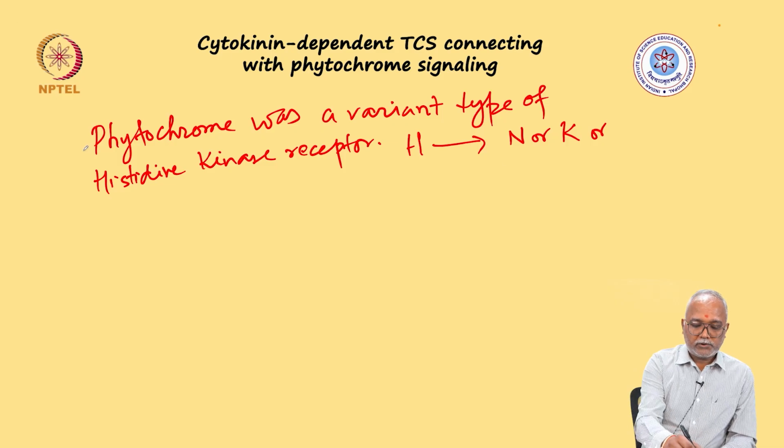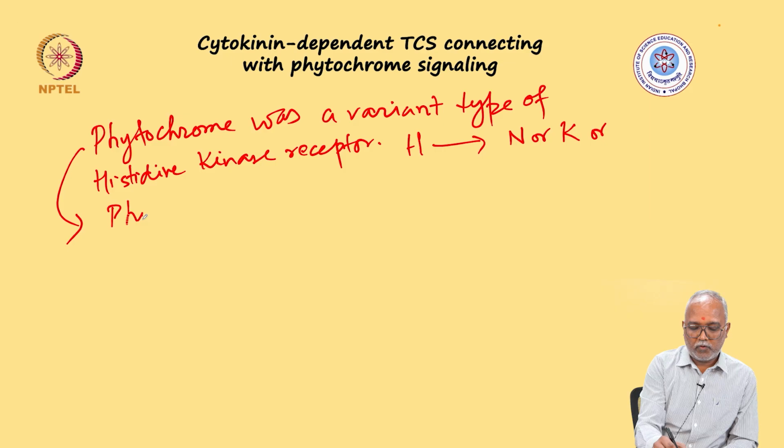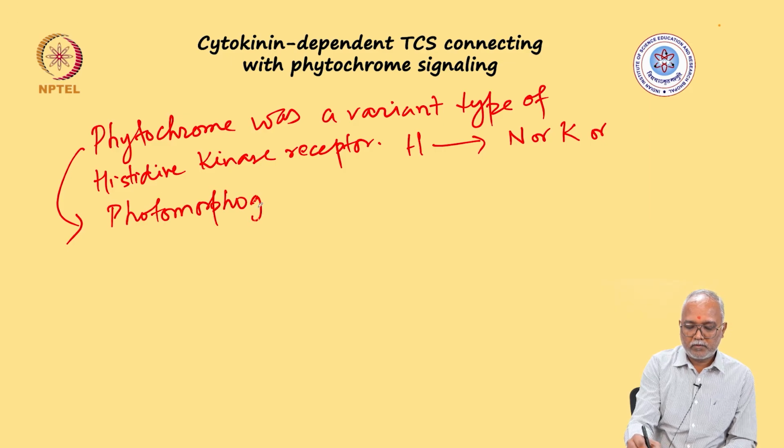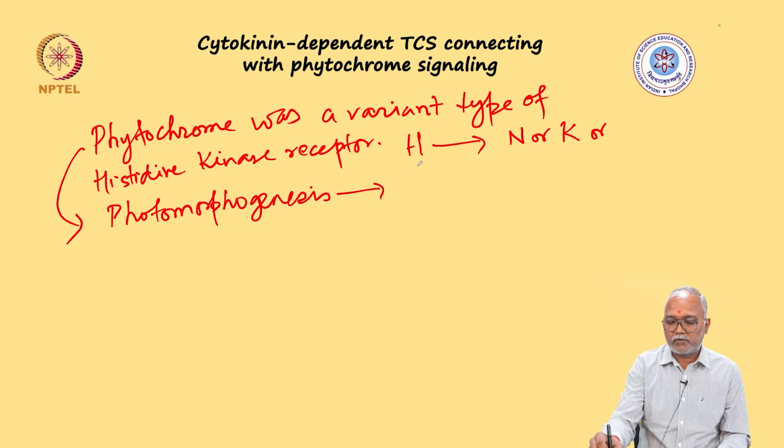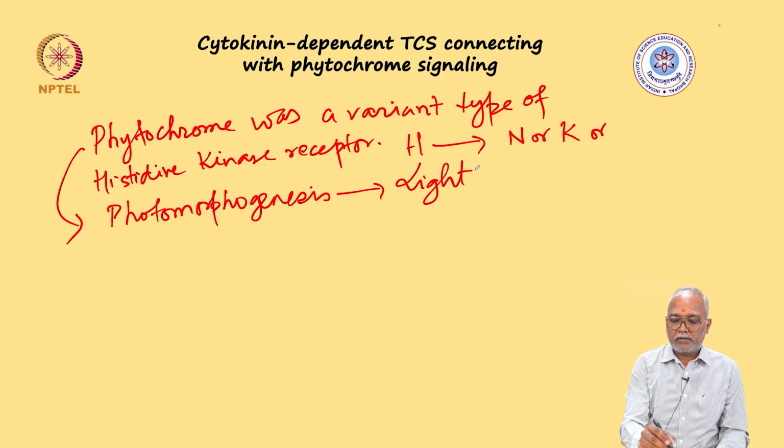Also phytochromes help in the process of photomorphogenesis, which means that they respond to light. Here the protein phytochrome exists in two forms.